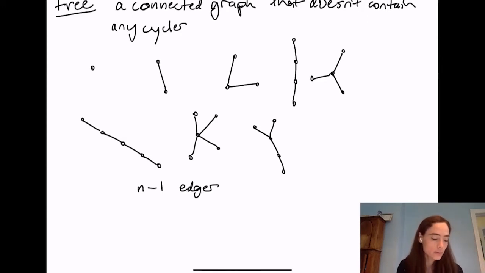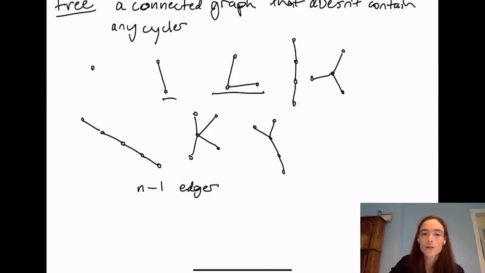So when we have one vertex, we have 0 edges. 2 vertices, we have 1 edge. 3, we have 2 edges, etc. And if you're interested, you can try to prove this, or look up a proof, or email me if you're interested. But that is a fact about trees that can be very useful.